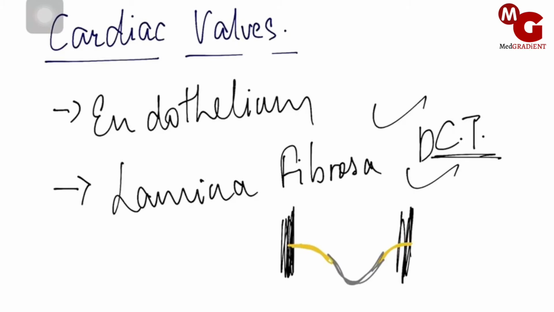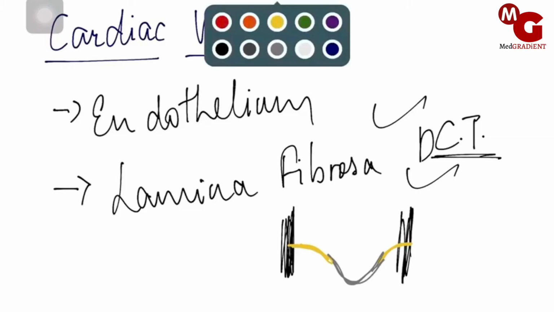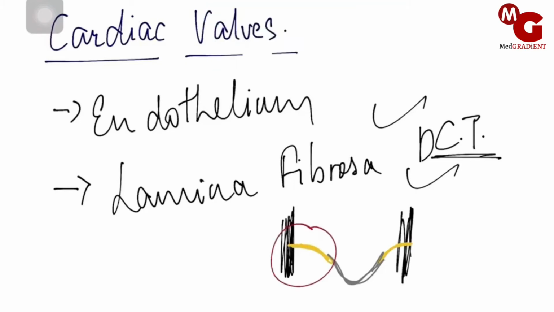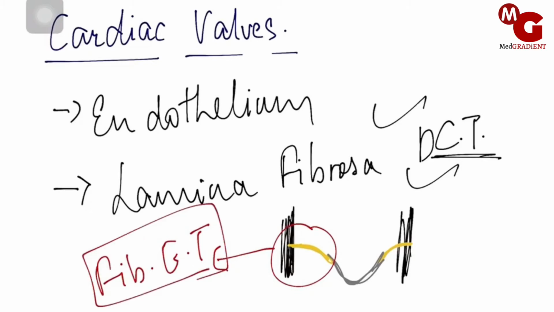So this region, let's say in red color, we will call the fibroelastic tissue part of the valve, right?